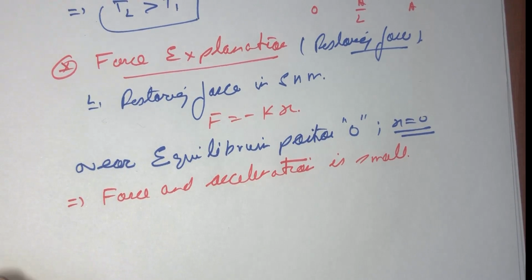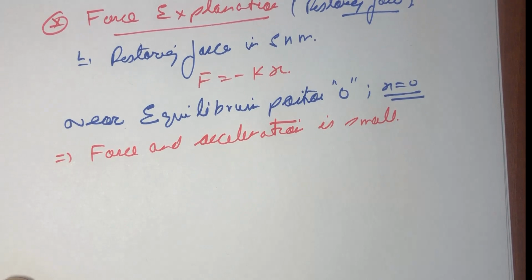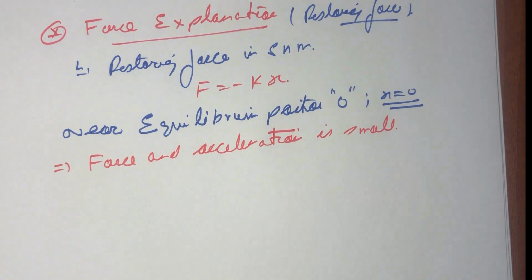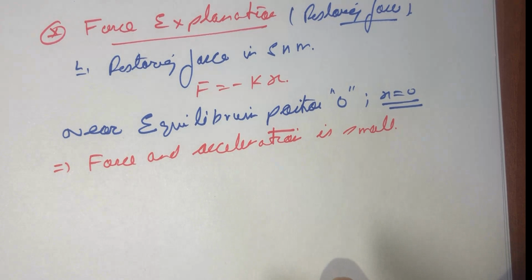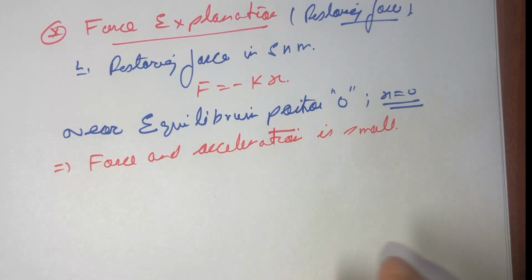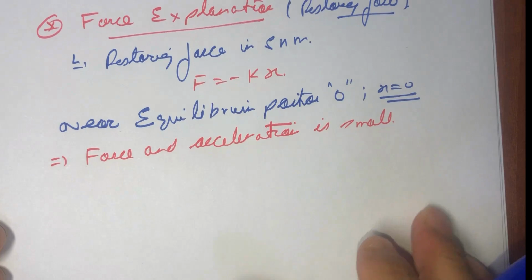Although the force and acceleration is small near the equilibrium position, as it is moving from one extreme to another extreme, the particle has gained enough velocity because of the earlier motion before it reached the equilibrium position.